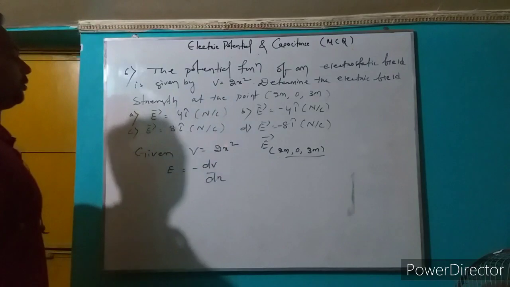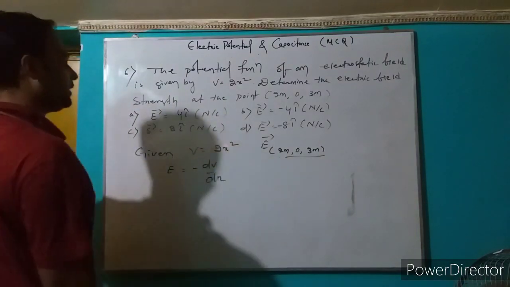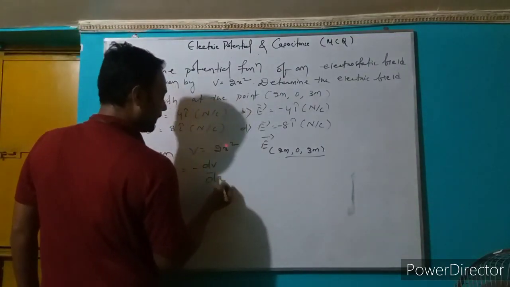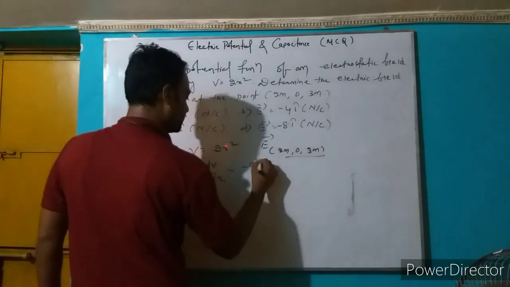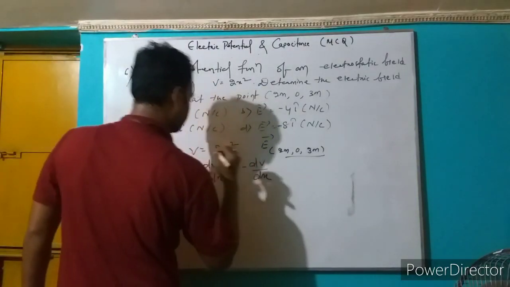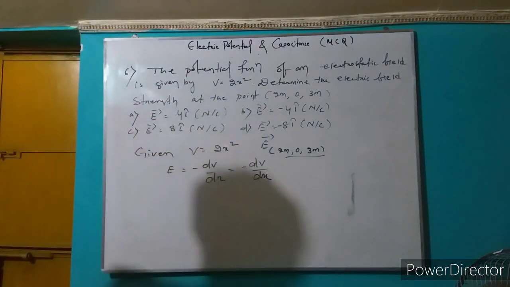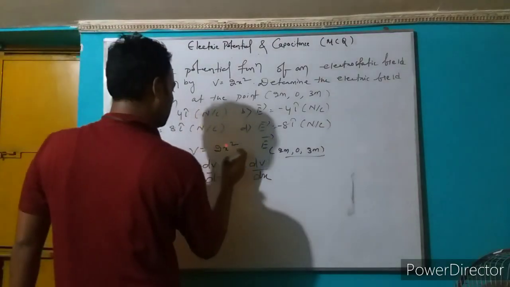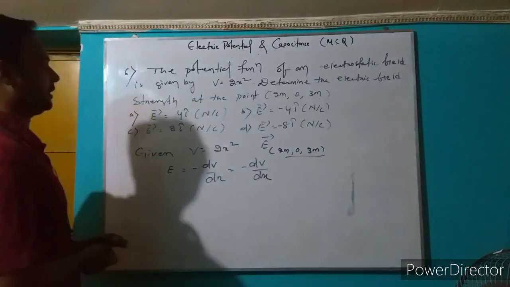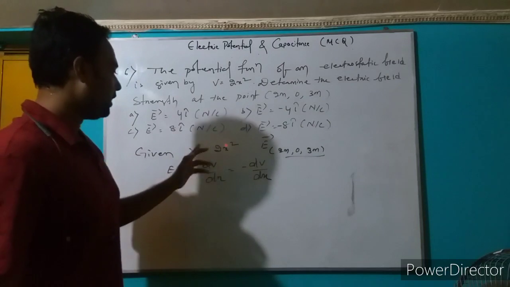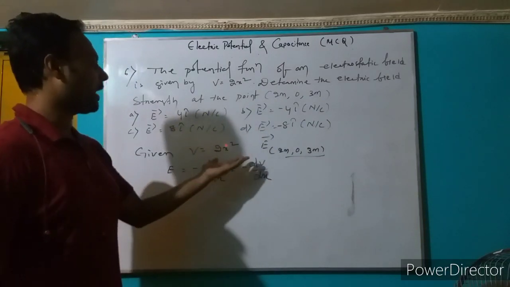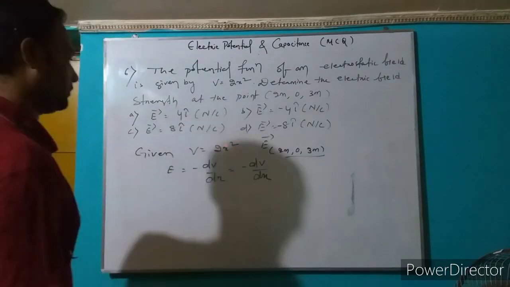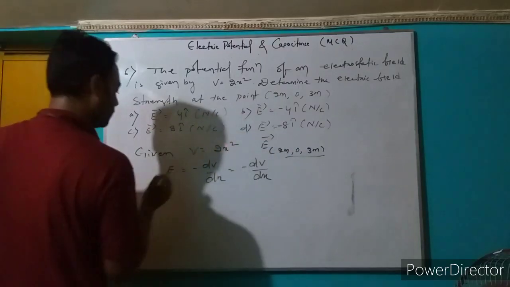E equal to what? Minus dV by dr. The dr can be represented as dx. So minus dV by dx. Here in the given question, V equal to 2x square, there is no y and z term, so only the x term is here.